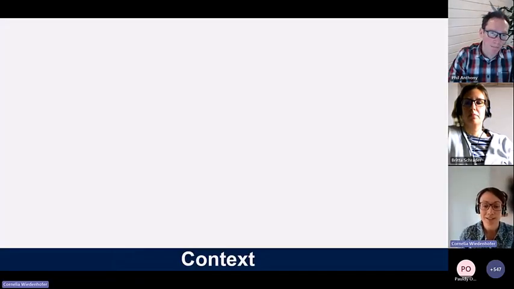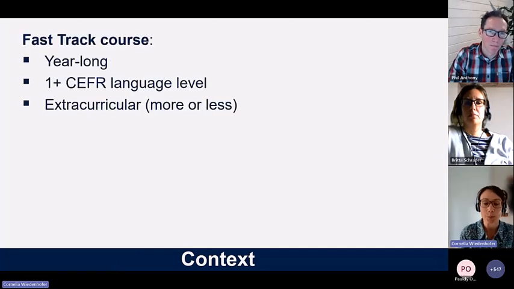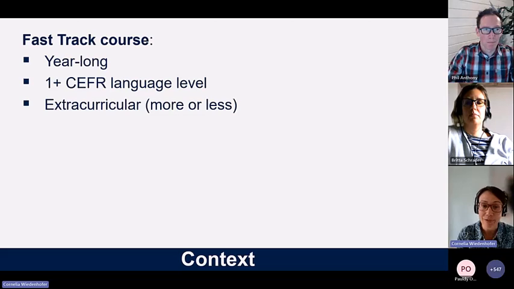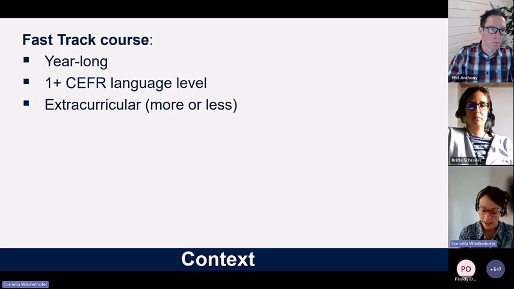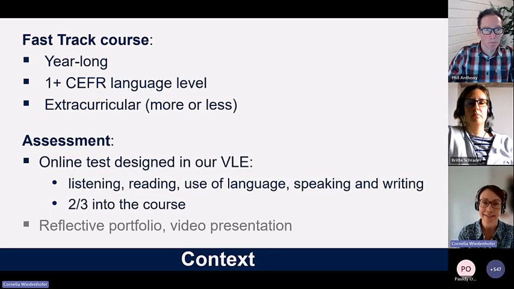A little bit of context. The course we'll talk about is called a fast track course. It's a year-long course that covers more than one CFR level. It's more or less extracurricular, so it only counts for a small number of students towards the degree. The assessment includes an online test that we design in our VLE to assess the usual skills, and students take this assessment two thirds into the course to evaluate whether they have reached the first language level.